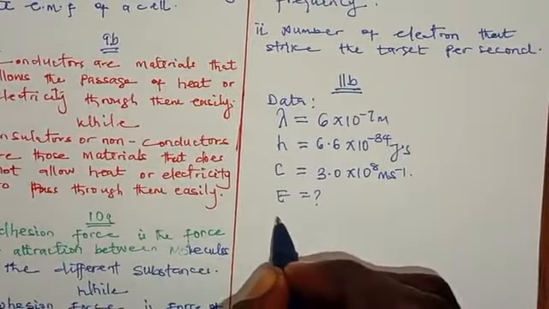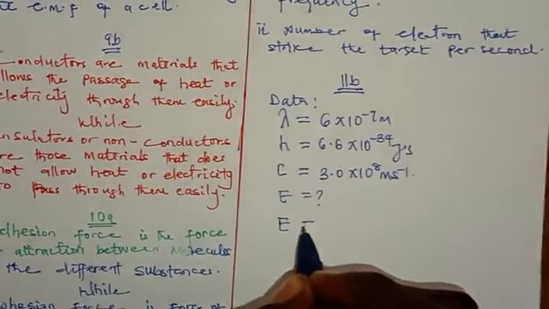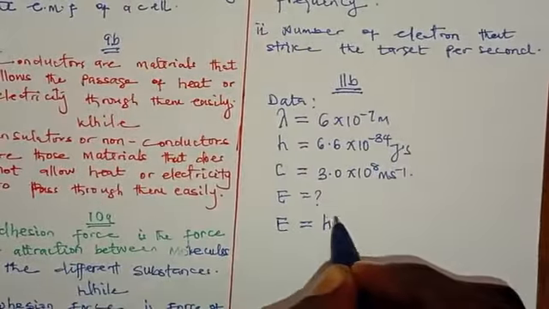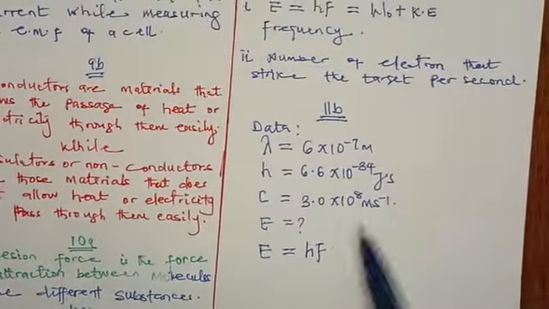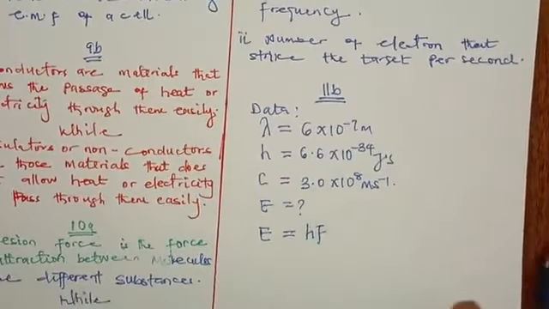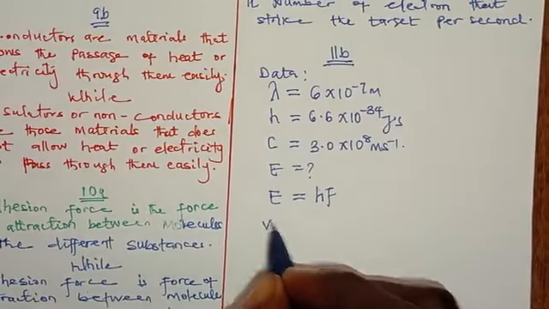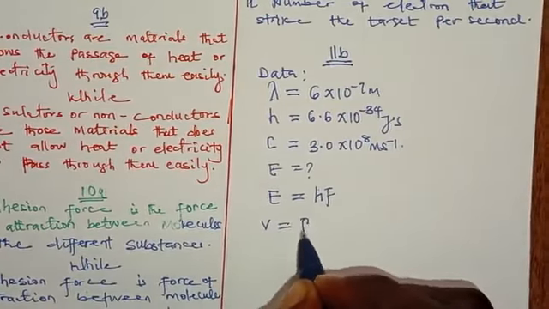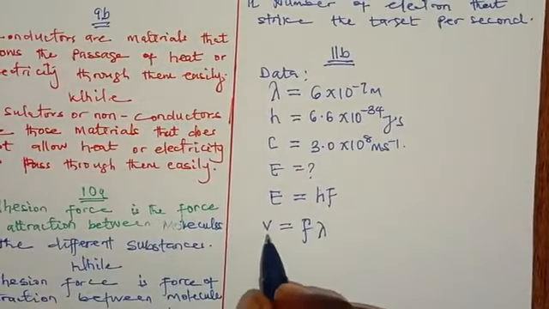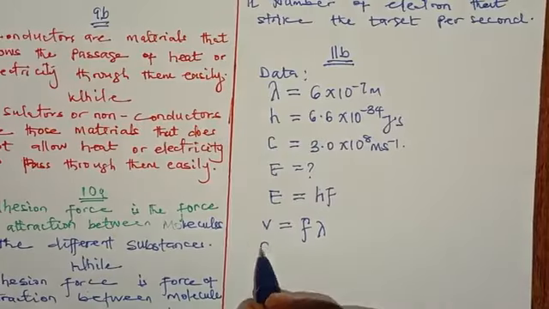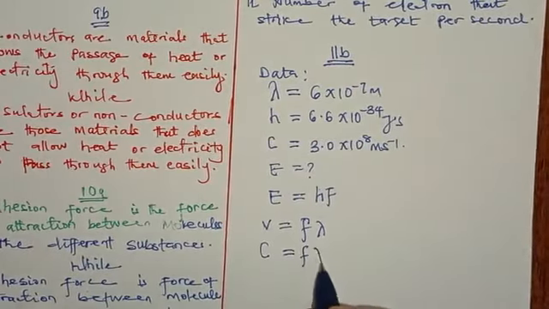So what is the formula that relates the energy of the photon and all these parameters given to us? Remember, we have that E, the energy of the photon, is equal to hf. But in our parameters here, there's nowhere they give us f, the frequency. But we have from this famous wave equation, V is equal to what? F lambda. Is that correct? So the V here is going to be the speed of light, which is C, equal to F lambda.